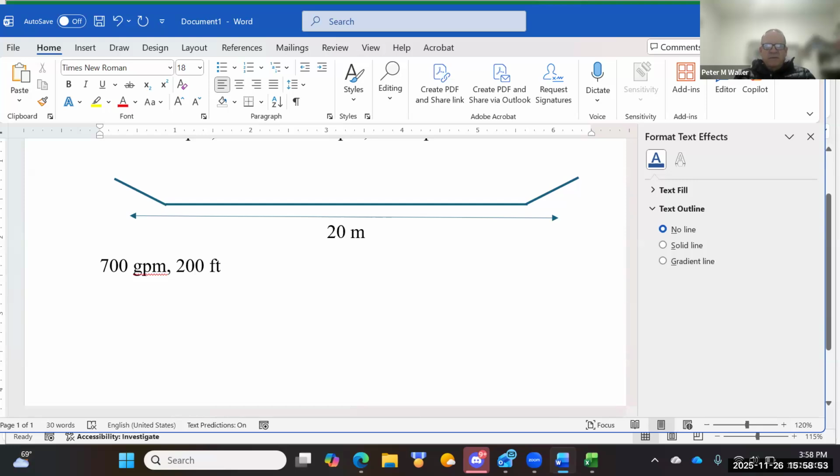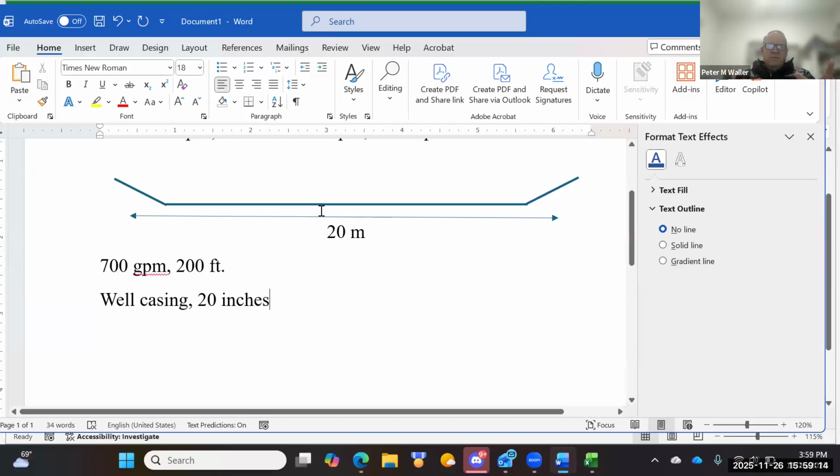We really don't know what the depth is. What we have is a well casing, and let's just say it's 20 inches, okay? So that's a 20-inch diameter well casing.